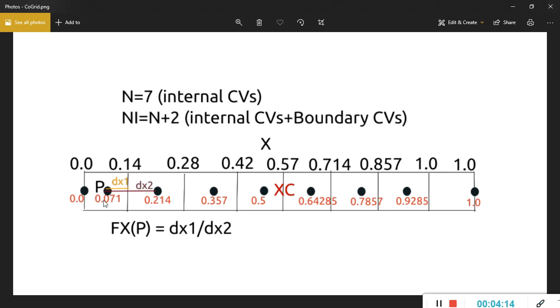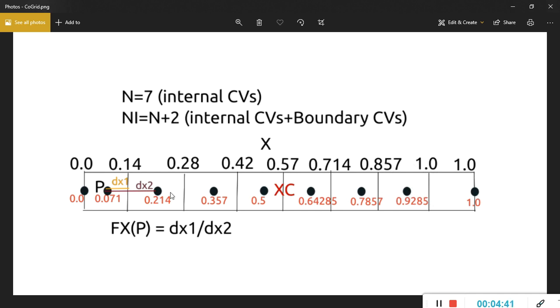The value there is 0.071, and the value here is of course 0.14 and 0.28, the difference divided by 2 plus this value, so it's 0.214, basically the midpoint, and the midpoint again until the last 0.9285, which is between here and here, and the last one will be 1.0.